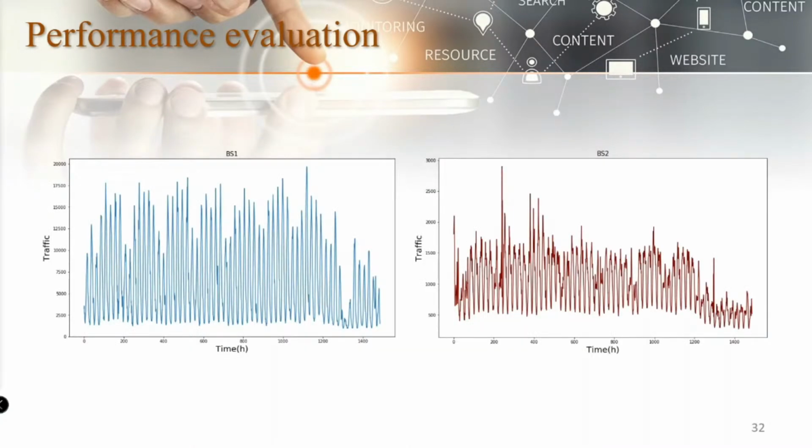These two figures show the traffic prediction results of two types of base stations. The first type of base station has a large traffic range, but the traffic is distributed evenly. The second type of base station has a small traffic range, but the traffic varies greatly.